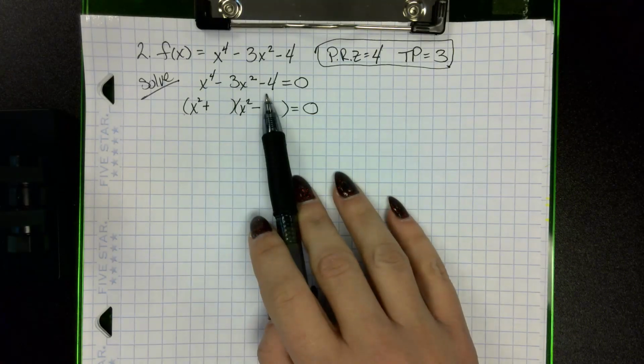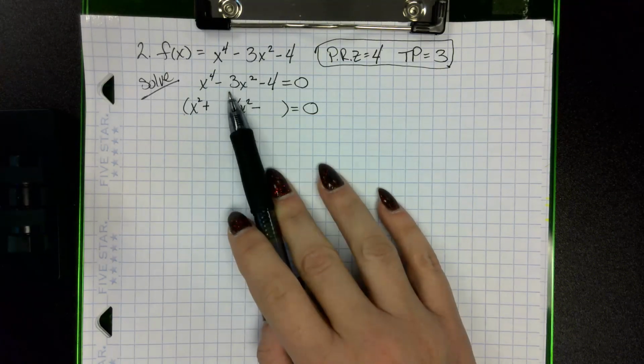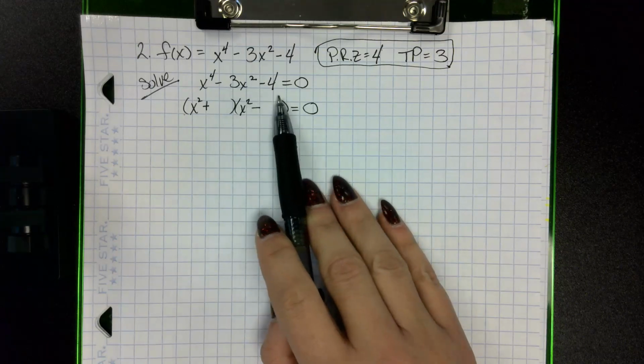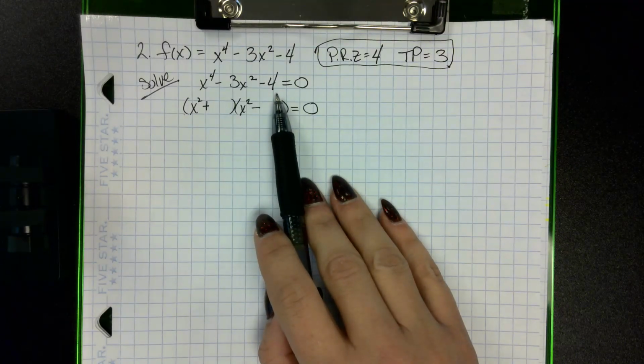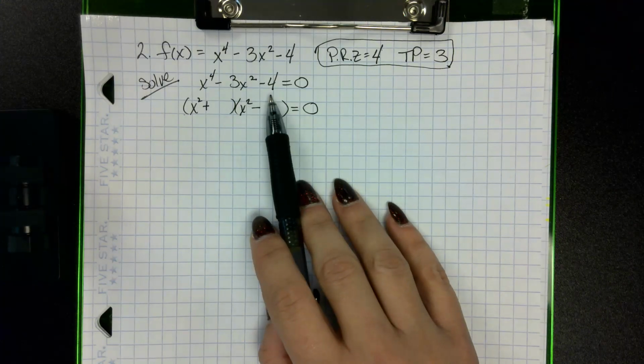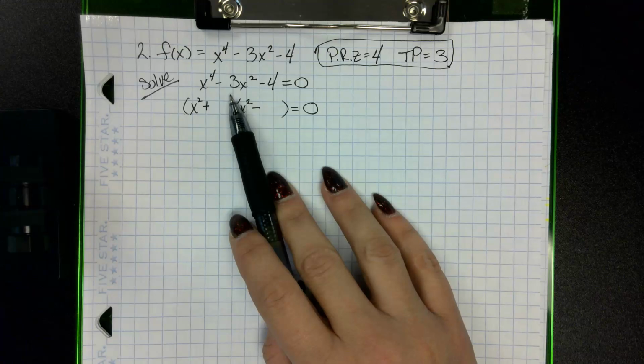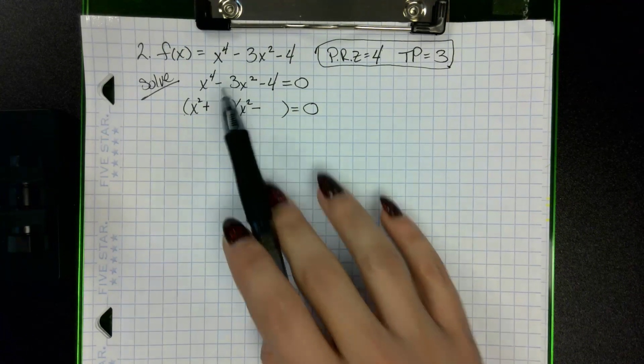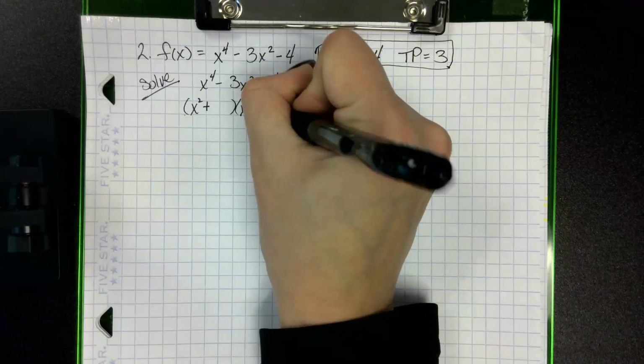Now I want to multiply to negative 4, and I want to add to negative 3. Factors of 4 are 2 times 2 and 4 times 1. Well, 2 times 2 is not going to get me to a 3. So I have to do 4 times 1. If I want to add to get to a negative 3, I need the larger number to be negative. So I'm going to use negative 4 and positive 1.